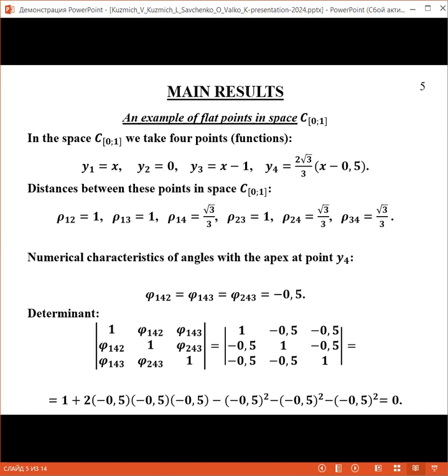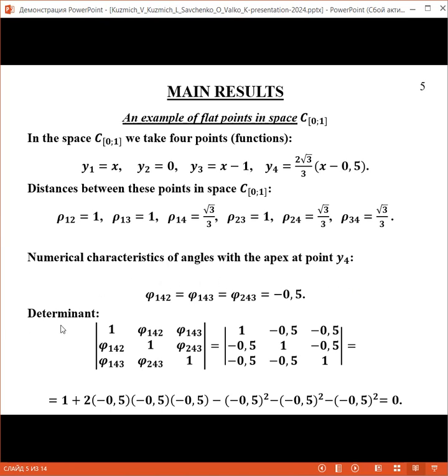Let us give an example of a flat placement of points in metric space. In the space C, we take 4 points, or functions, y1, y2, y3, y4. Distances between these points in space C are given, and the numerical characteristics of angles with the apex at point y4 are given.